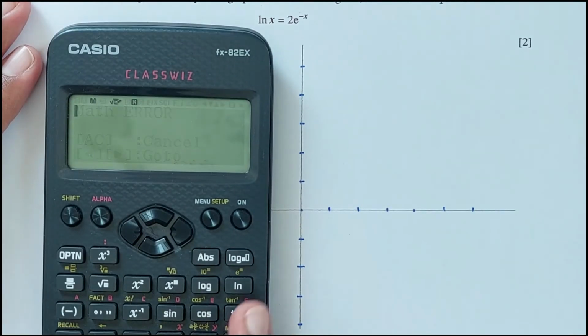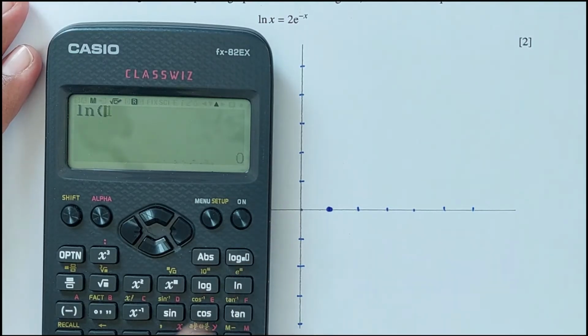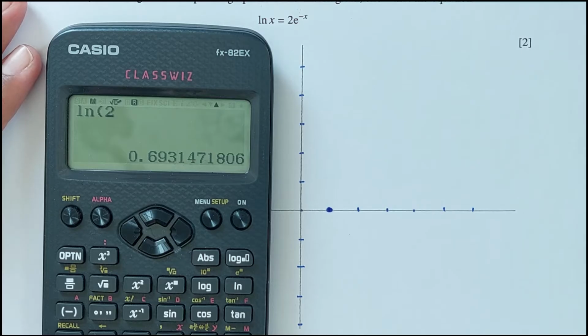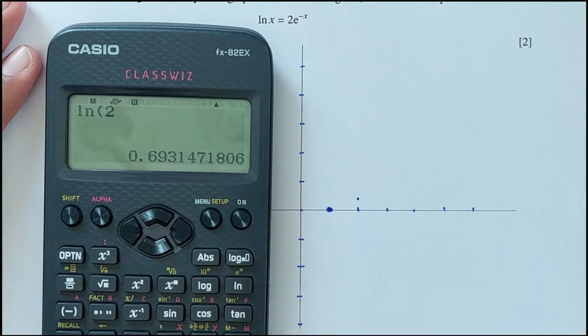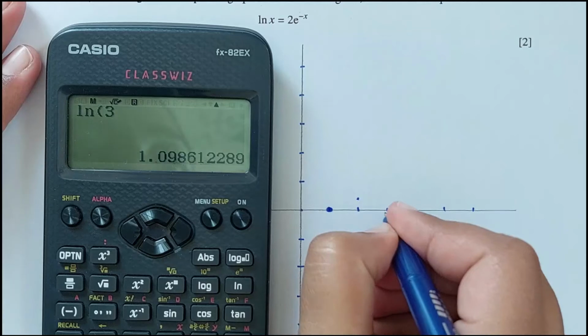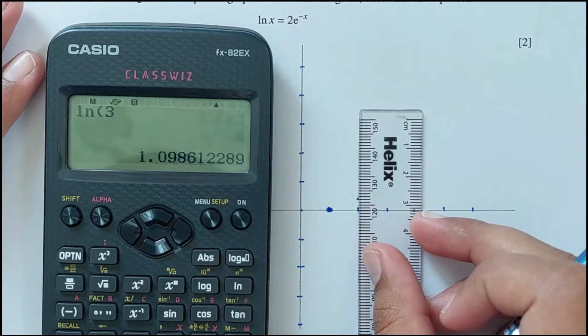Sketching from ln 1, which is equal to 0, and ln 2 is 0.69, or we can say y value 0.7. At 2 it is 0.7, closer to 1. ln 3 is 1.1.